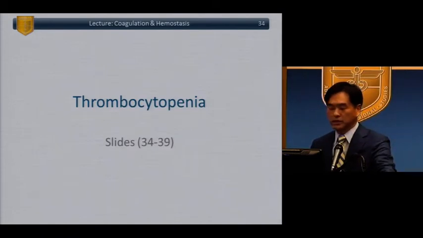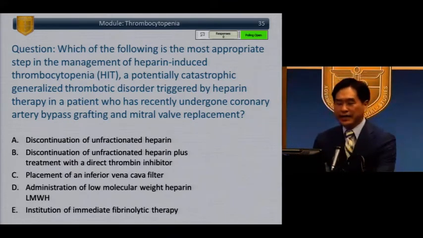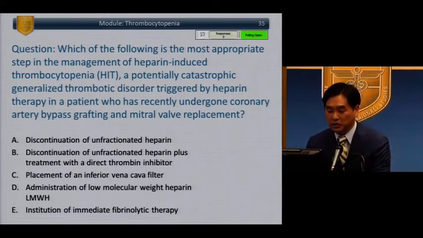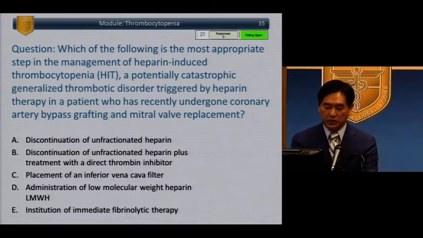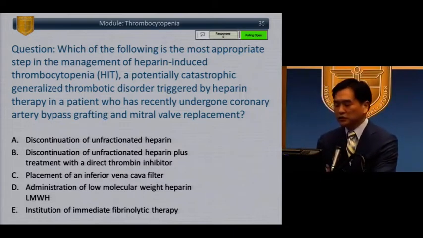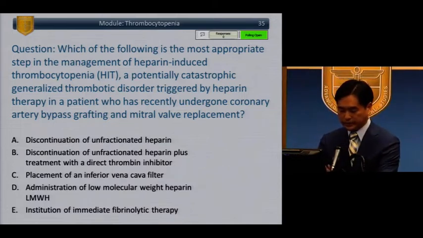Okay. Let's talk about platelets, or the lack thereof. Question: which of the following is the most appropriate step in the management of heparin-induced thrombocytopenia, or HIT, a potentially catastrophic generalized thrombotic disorder triggered by heparin therapy in a patient who has recently undergone coronary artery bypass grafting and mitral valve replacement?